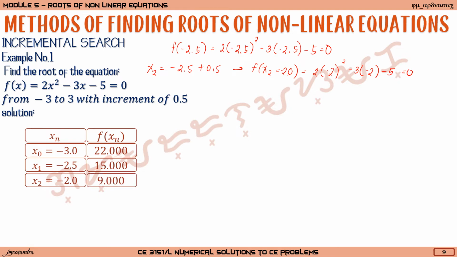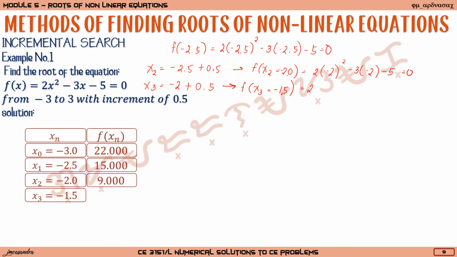So next, x sub 3 is equal to the previous, which is -2, plus the increment 0.5. So x3 is equal to -1.5.